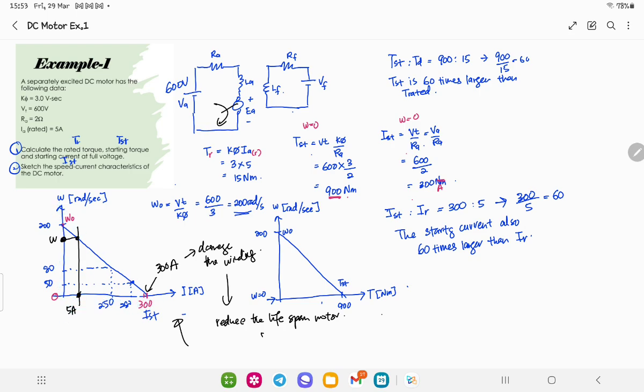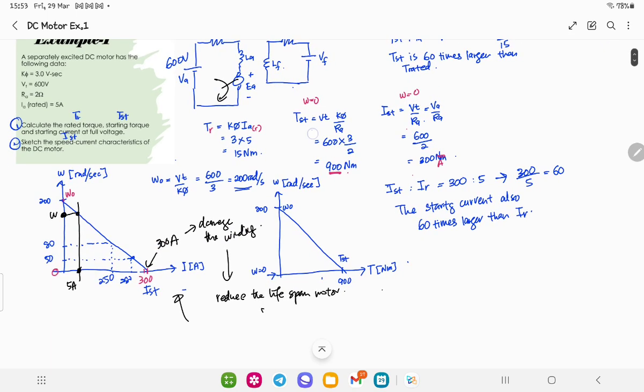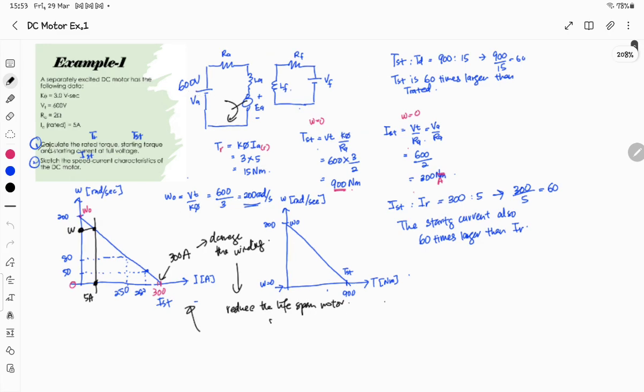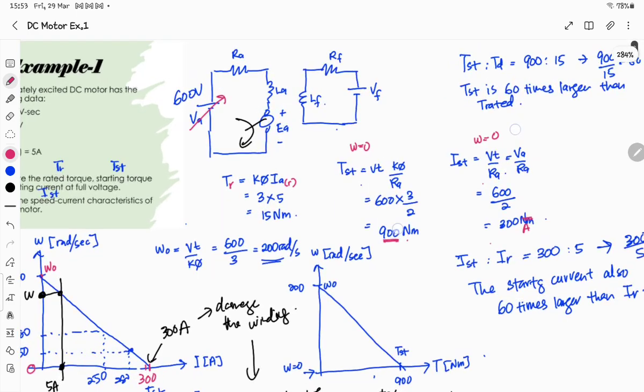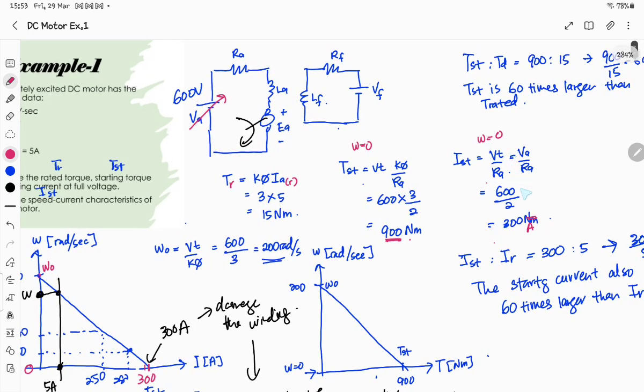Another way to reduce the starting current is to adjust this terminal voltage. Why? See this one, when you reduce this value, the starting current will also reduce because there is a directly proportional relationship between starting current and terminal voltage.